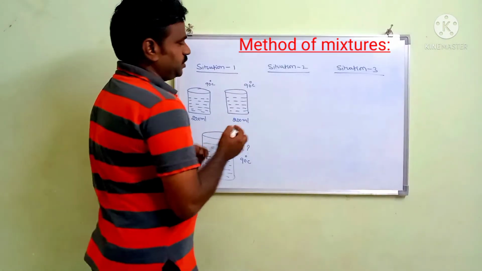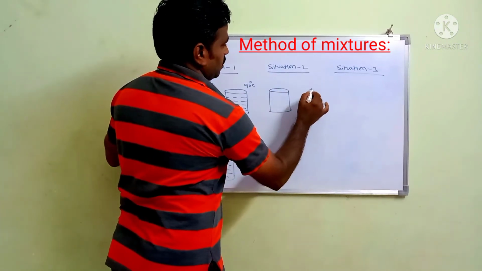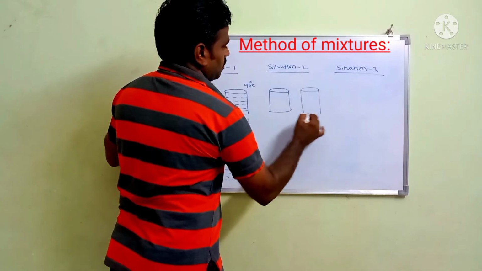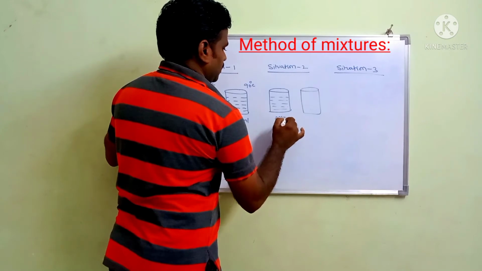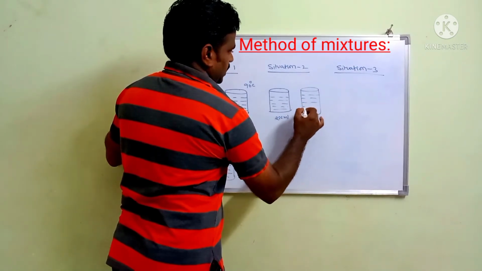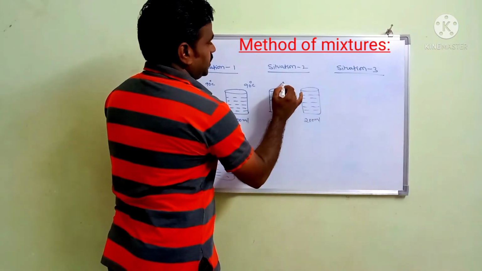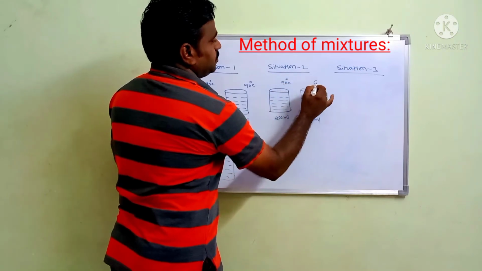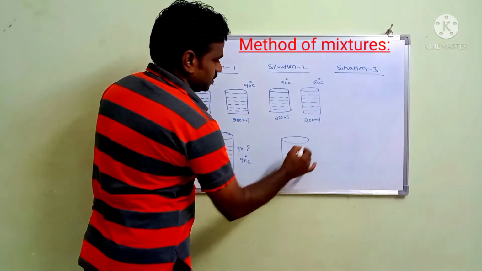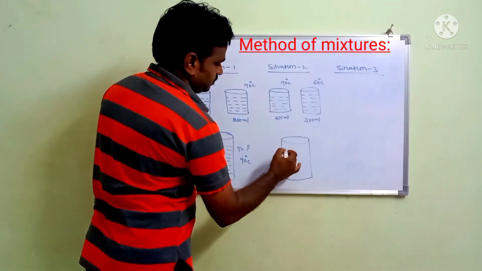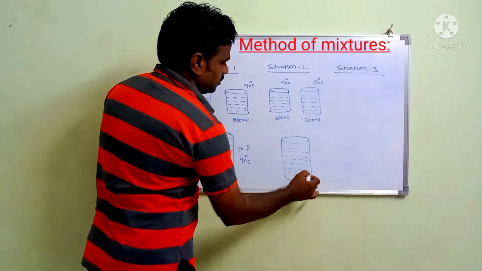And coming to situation 2, here also we can take two beakers. In one beaker 200 ml of water and in the other beaker also the same 200 ml of water, and this is heated up to 90 degrees centigrade and this is up to 60 degrees centigrade, and this water is also poured into one large beaker.